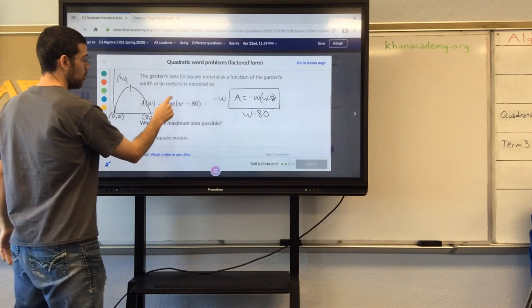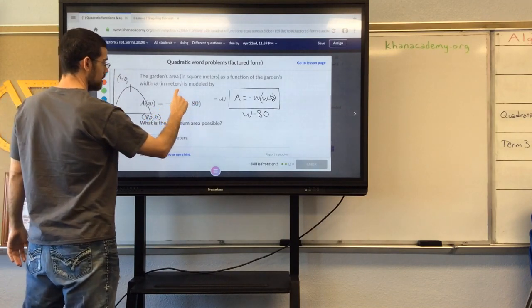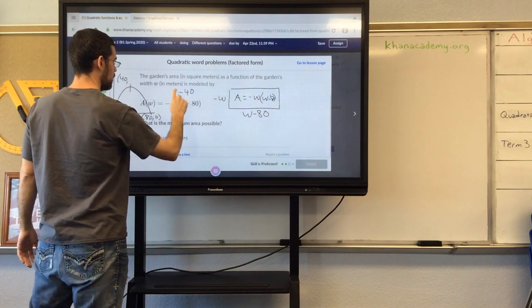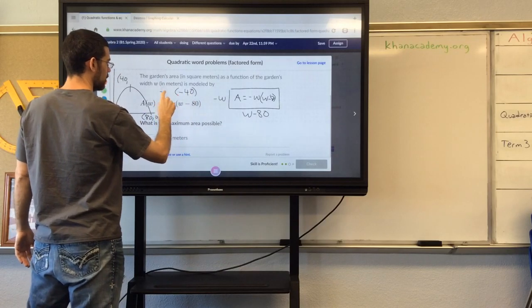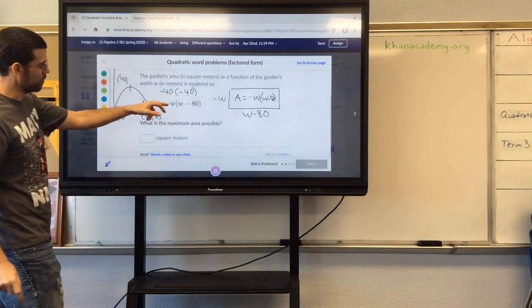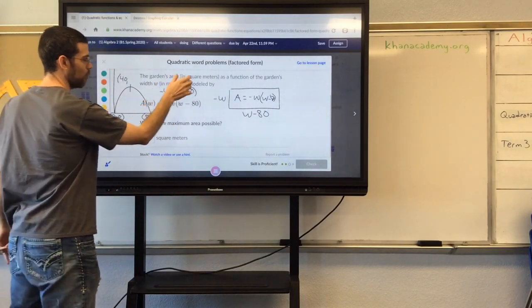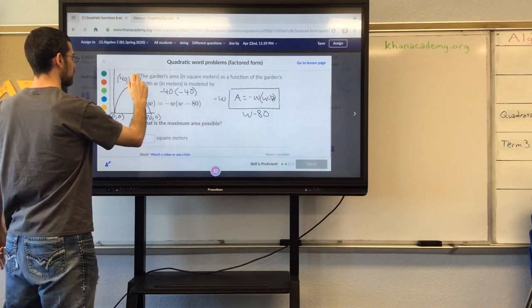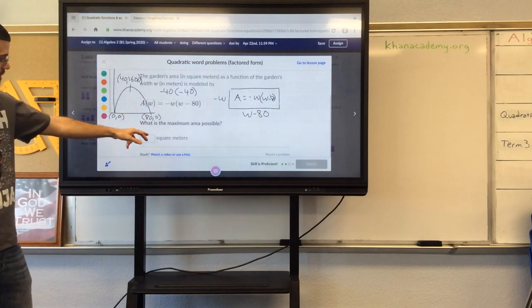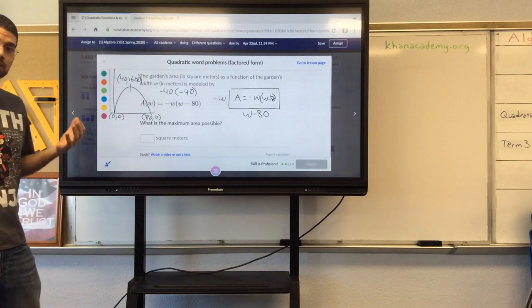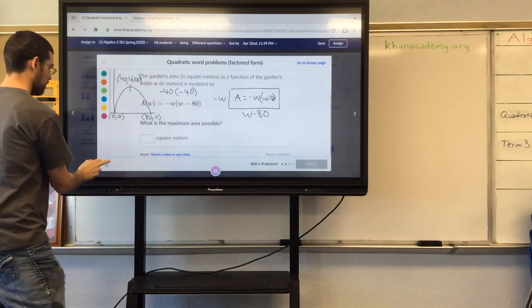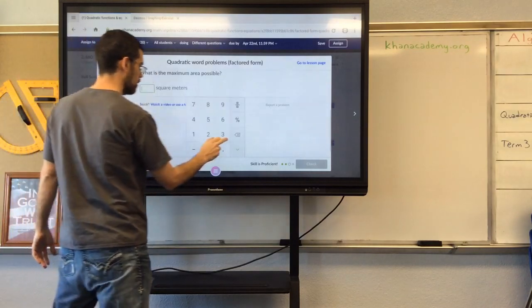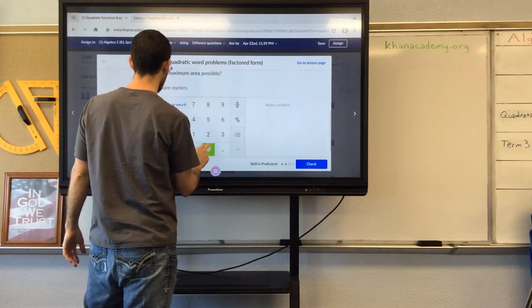Well, it would be 40 minus 80 is -40 times -40. When I put 40 in for W, I get that. Negative 40 times negative 40 is 1,600. So that's the number of square meters with the biggest possible rectangle. 1,600.